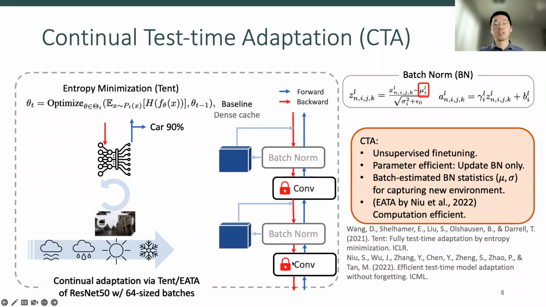It will update all parameters, so it's more inefficient. So I only selected these two methods in my paper because they are more efficient, only updating normalization layers, and we compare CoTTA in our experiments, where we show that CoTTA is totally not efficient. So that's why we focus on these two.